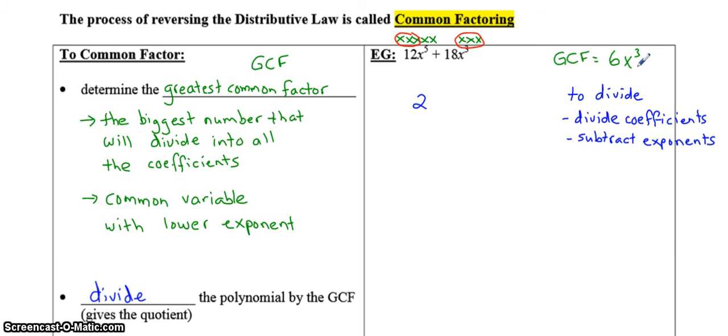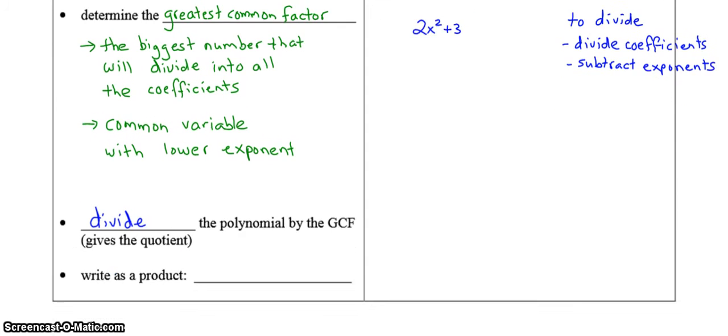X to the 5 divided by x cubed is x squared. 18x cubed divided by 6x cubed. 18 divided by 6 is 3. X cubed divided by x cubed, when you subtract the exponents you get 0, which means there's no x left.